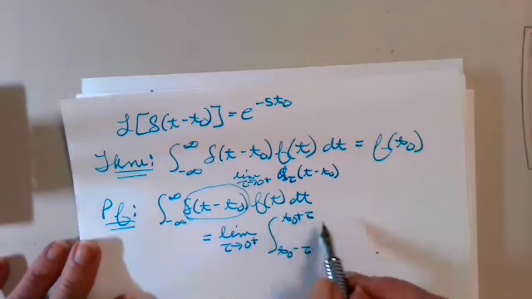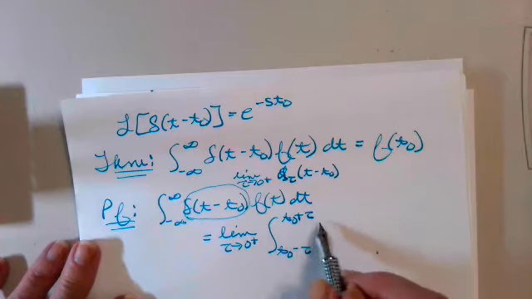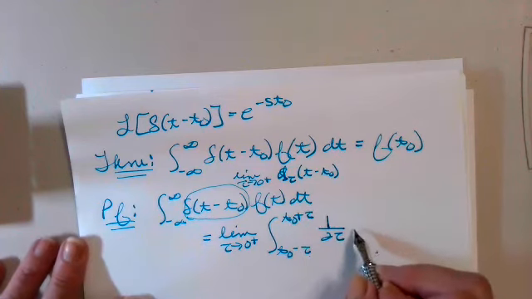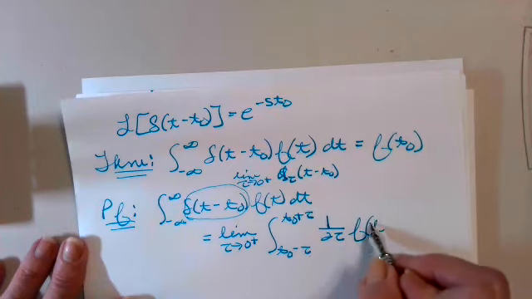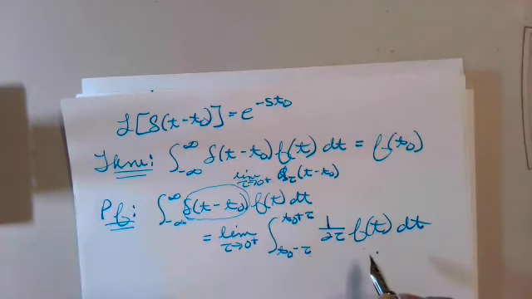And so that's what I do. That means my limits go from t naught minus tau to t naught plus tau, 1 over 2 tau times f of t dt. That's using the definition of d tau, like we did in the previous calculation.